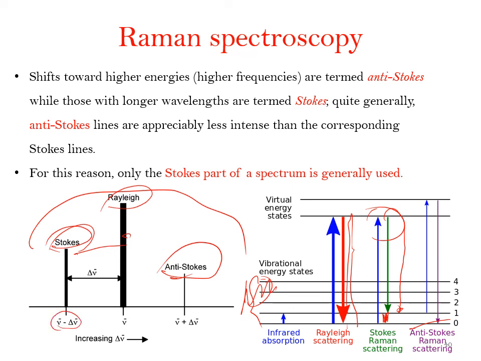The frequency between Rayleigh and the returning Stokes emission is called a Stokes energy. That is a change in energy, a change in frequency, which results in a change in energy.